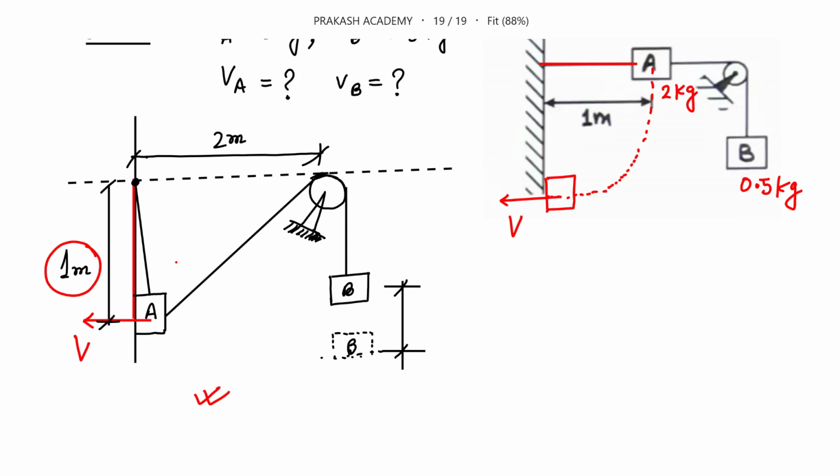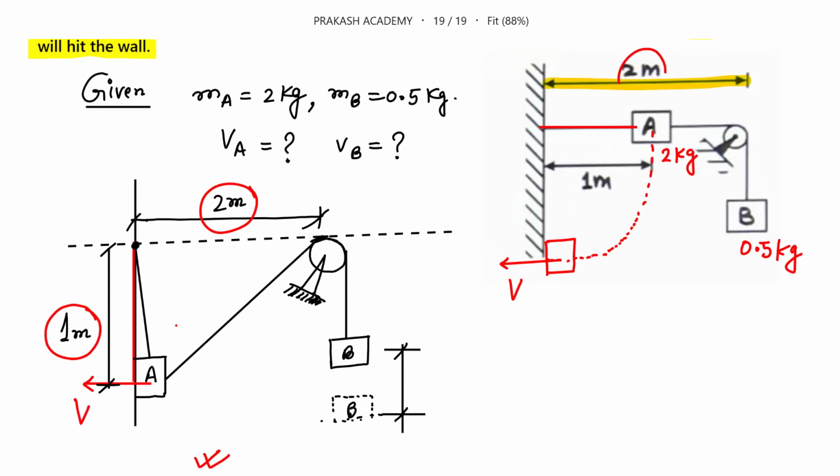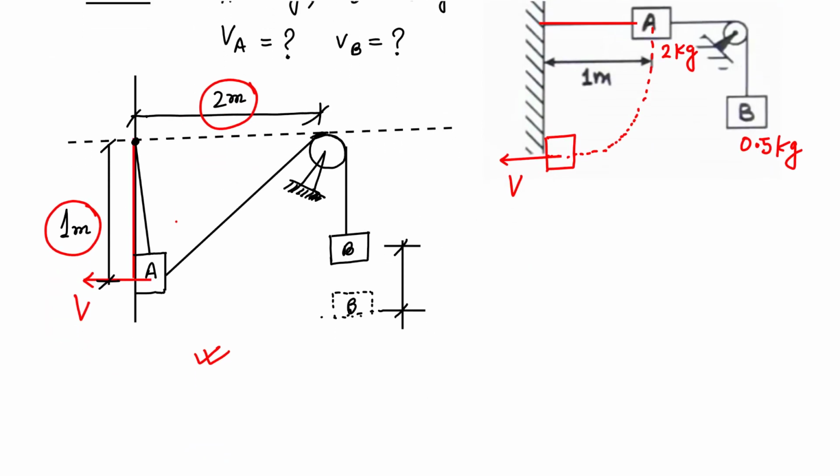Now initially this total distance is 2 meter, if you remember. So what will be this distance? This distance will be root 5 meter. Now by how much distance has block B gone up? The initial position of block B was here, and now it has moved up.